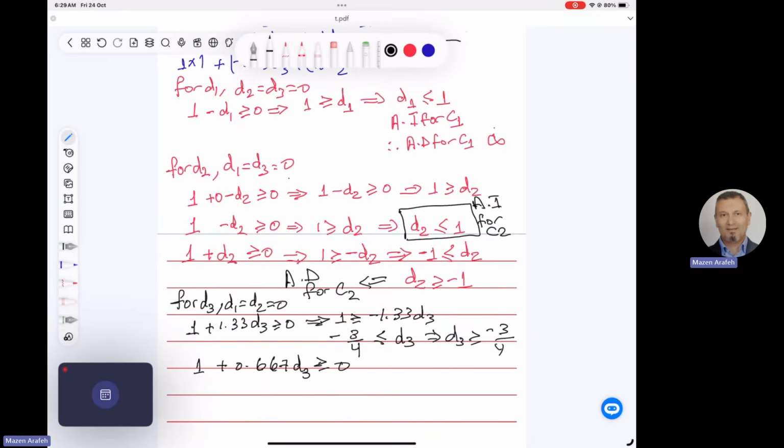Okay, so now let's write it. So this will become 1 is greater than or equal to minus 2 over 3 D3. And we need to multiply by negative 3 over 2.